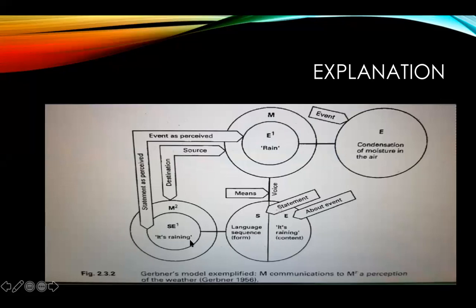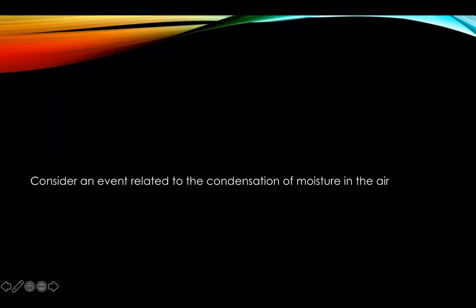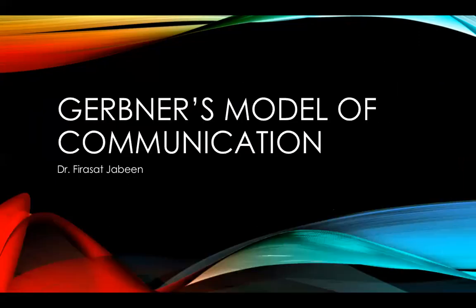This is further transmitted to a newspaper, and then M2 prepares his perception, SE1. Let's say this is perceived by another reporter of a newspaper, M3, and he creates his perception, which is SE2. That is why I was saying that it goes in a chain of perception, production, perception, production, and perception, production. Now, I hope all of this makes sense.